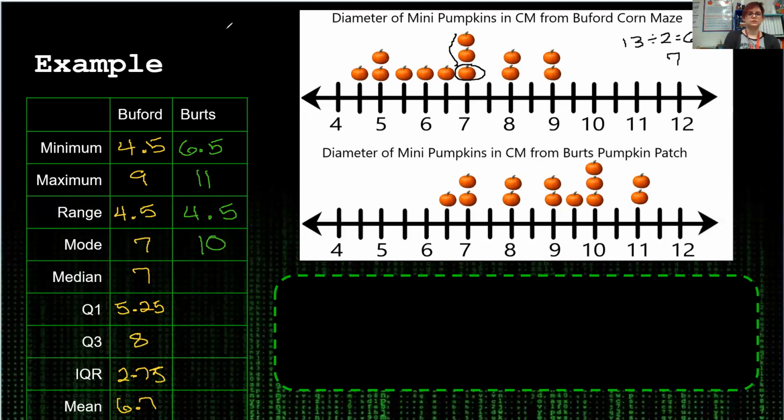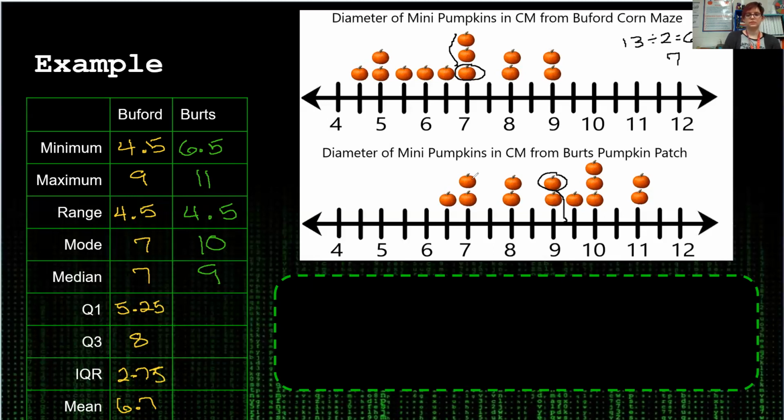The median, the number in the middle. So again, it's our 7th pumpkin. 1, 2, 3, 4, 5, 6, 7. So my median is 9. Let's split here. I'll go with the smaller group. Q1 is between my 3rd and 4th pumpkin.